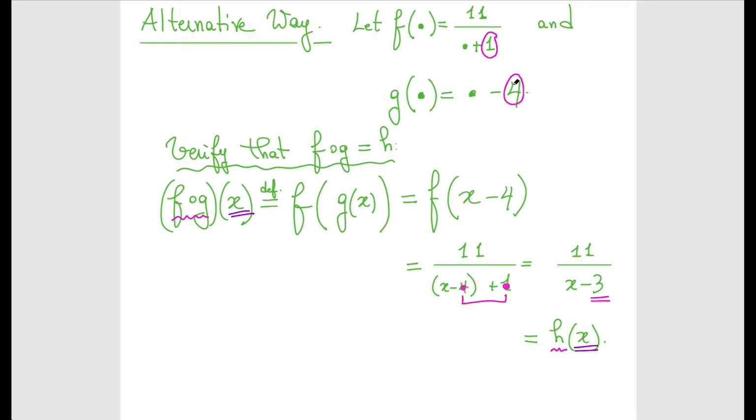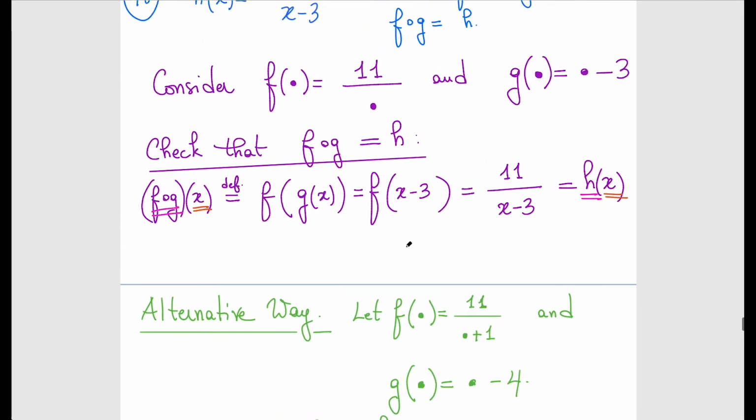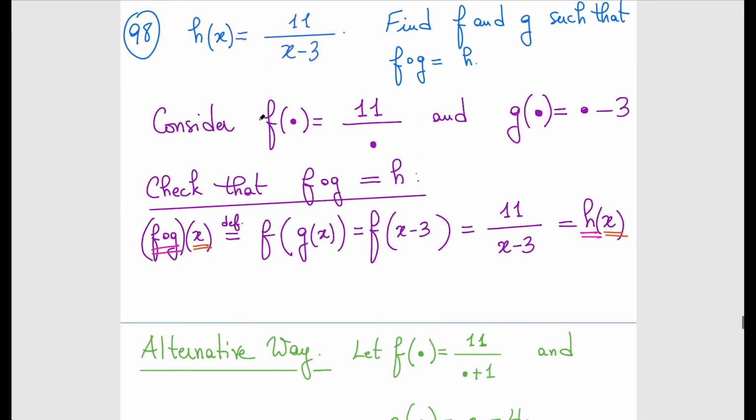So I hope I made the point that since you can go for any numbers you want as long as their sum, so minus this number plus this number, should be minus 3, you have infinitely many choices. Okay? And this makes my earlier point that you have infinitely many choices for functions f and g, for example in this problem, so that once you compose them you get back h. Okay?